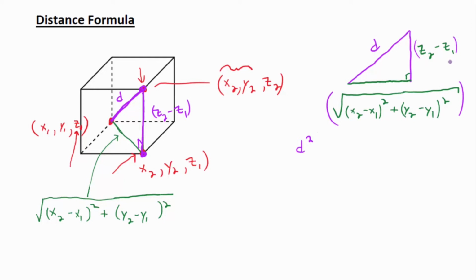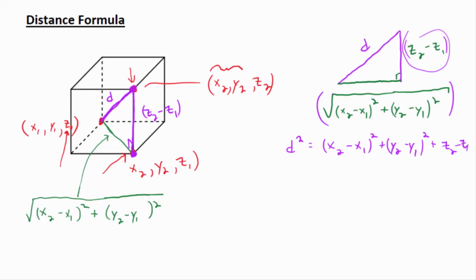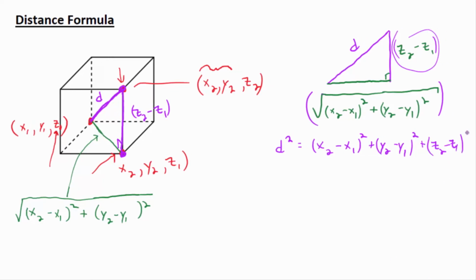Would you buy that? What happens when you square a square root? The square root's gone, so you're left with just x2 minus x1 quantity squared plus y2 minus y1 quantity squared. And then we have to add in this guy squared, so plus z2 minus z1 quantity squared. And then if we want the actual distance, what do we do? We just take the square root.